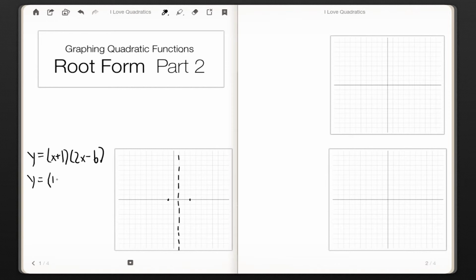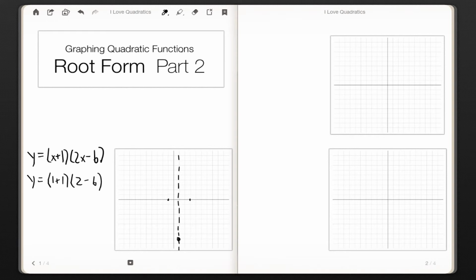y equals 1 plus 1 times 2 times 1 minus 6. So here we'll have y equals 2 times -4, which will be -8. So now we know the y value of the vertex is -8, and we just plot it right on this axis of symmetry. It's going to be right down there.